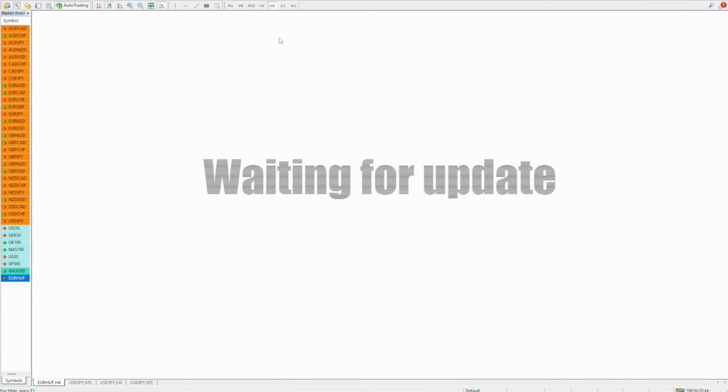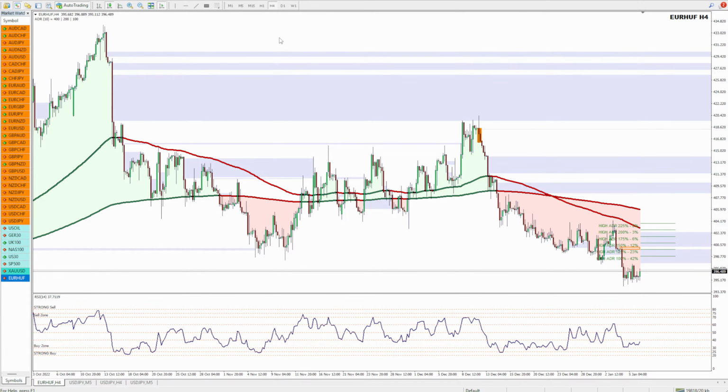Longer term, I don't know how you can trade this stuff because they don't have fundamentals. Hungary doesn't have its own fundamentals, and it obviously does have its own fundamentals, but it's not going to pay any attention to that. This is driven by the euro, the Huff, and you've got to make sure as well there's no peg.